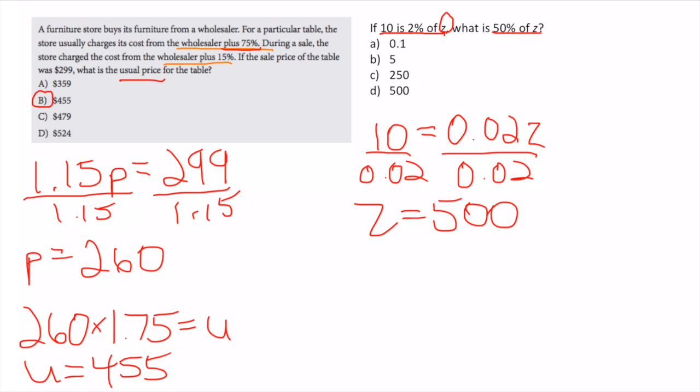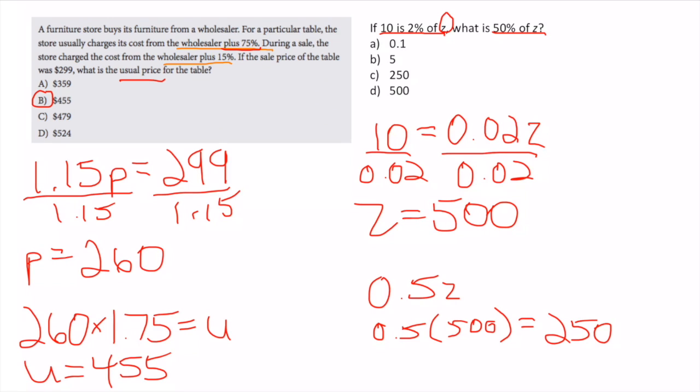And then I just have to do one more step. They want to know what 50% of Z is. So this is 0.5 of 500, which equals 250.